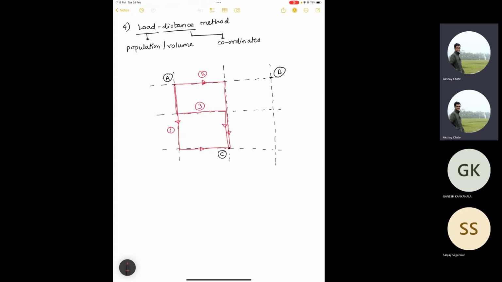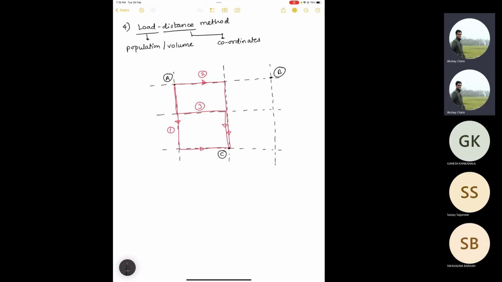So there, the objective is to minimize your travel time, right? Because everyone wants to reach the location faster. Sometimes Google Maps will give you the choice where the distance will be higher, but the road will have less traffic and you'll reach faster. So there, the objective is to minimize the time.